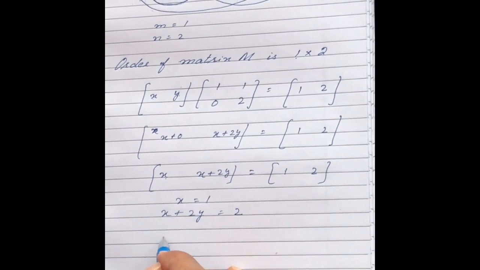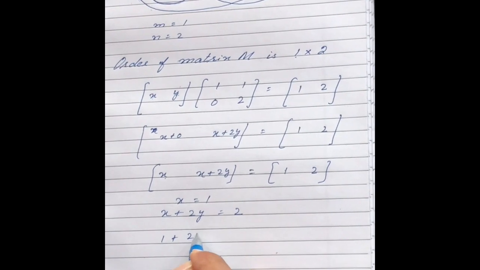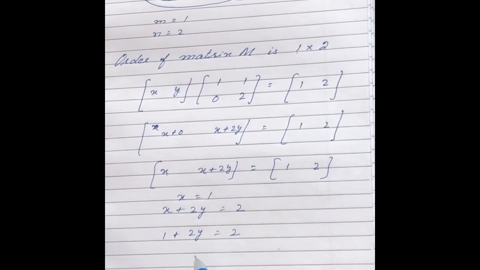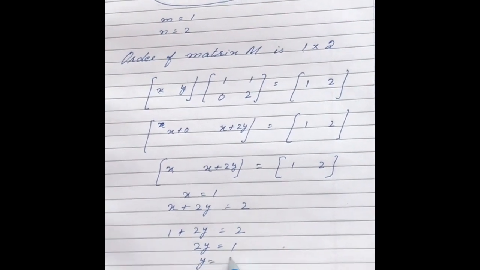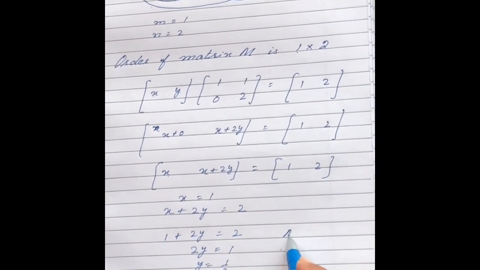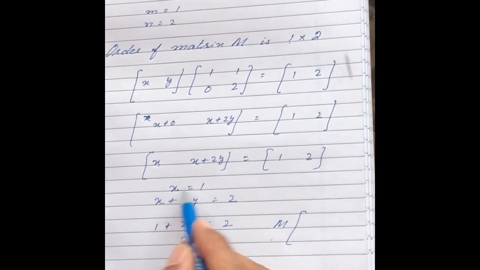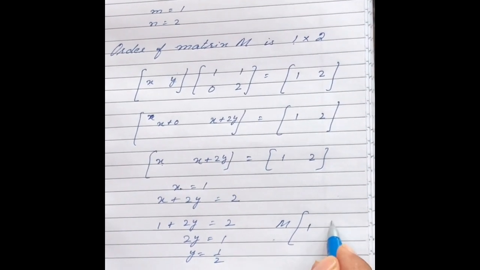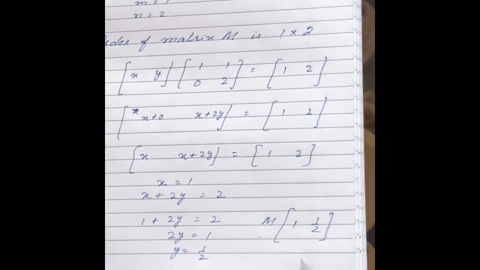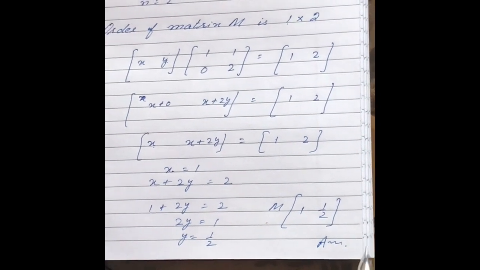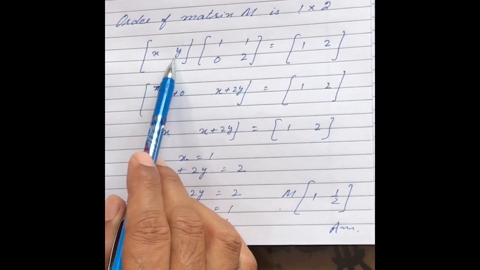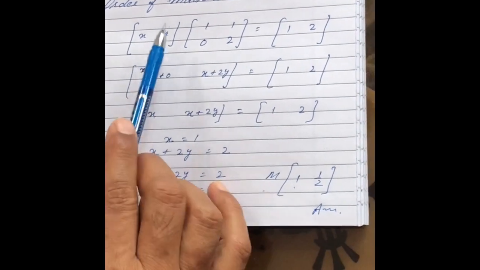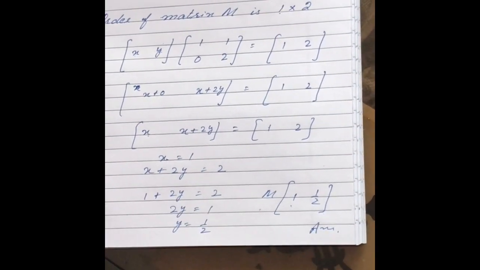The value of x is 1, so 1 plus 2y is 2, 2y is 1, y is 1/2. So M is [x y], x is 1, y is 1/2. That is the answer. So find the value of x and y: put here x is 1, y is 1/2.